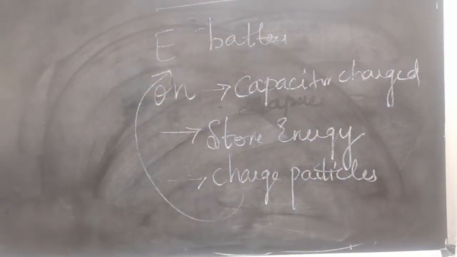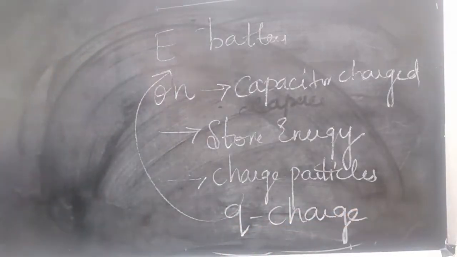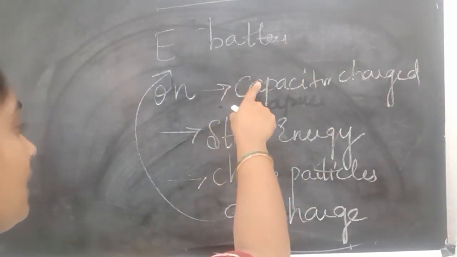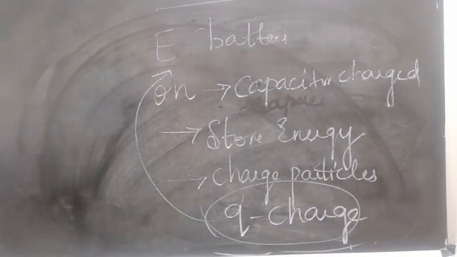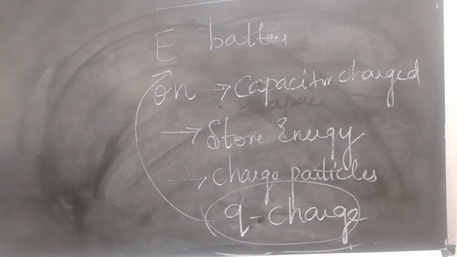Got it? So in this process, how many charge particles are there? Q is charge. So when current is flowing in the circuit, what is circulating? Charges are moving.